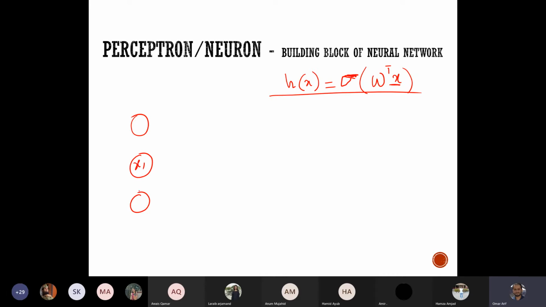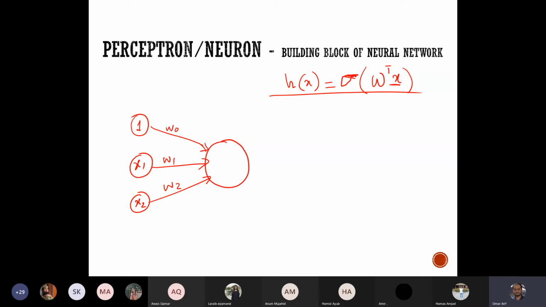So this is the first dimension, this is the second dimension, and this is your bias term, which is always 1. And then you have these parameters or the weights. The weights represent the value. I'm going to write it on the edges of this figure.